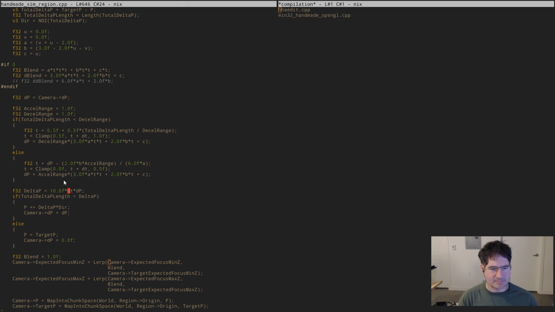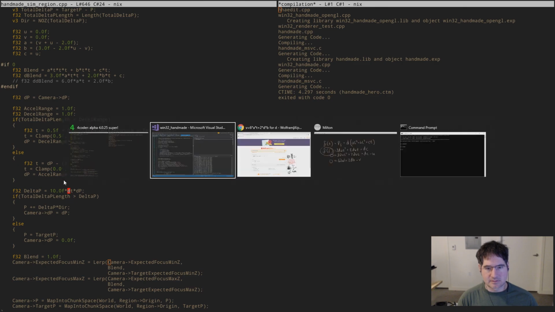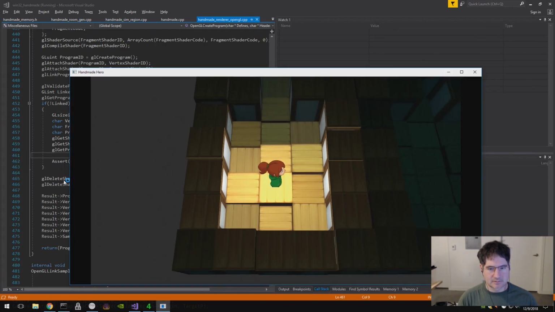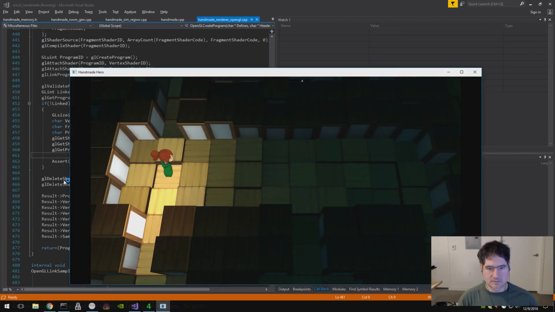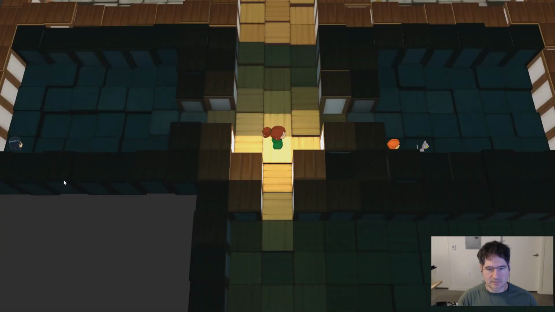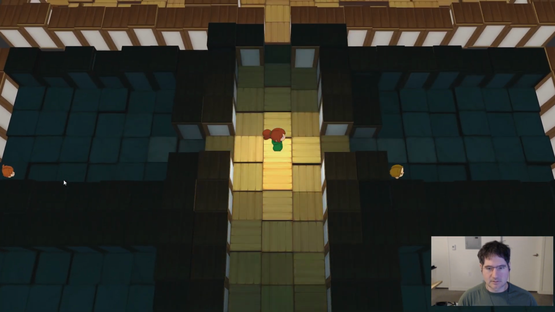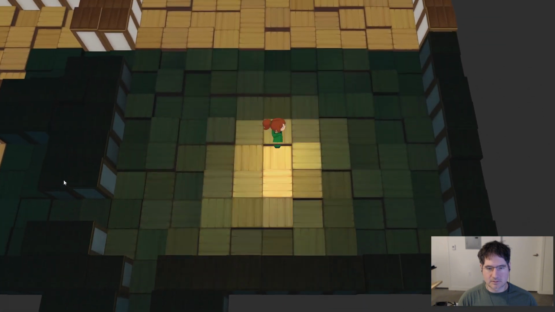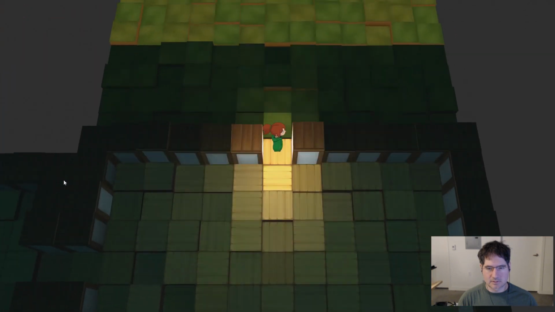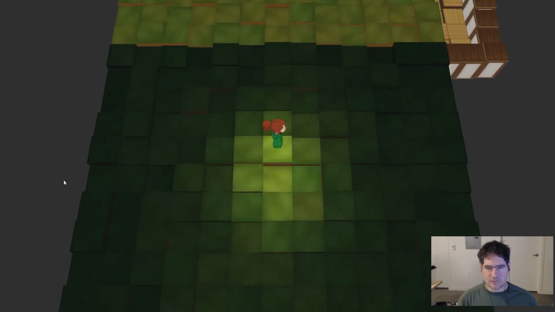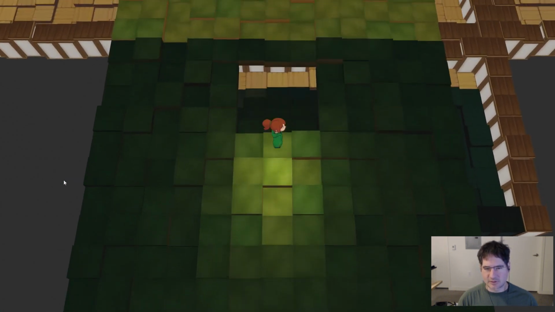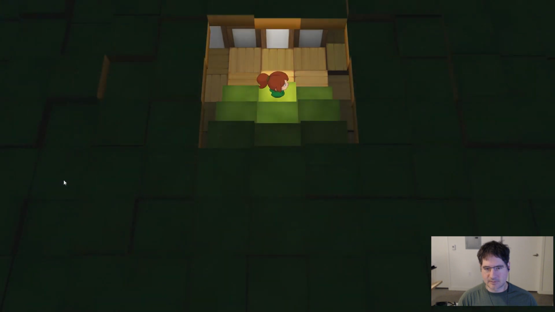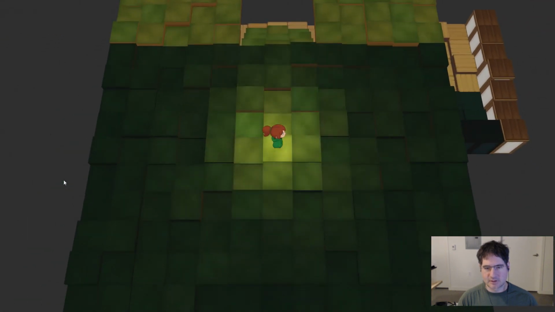But we'd want to push that back into the thing. So it sort of works. It's not good, but it sort of works.